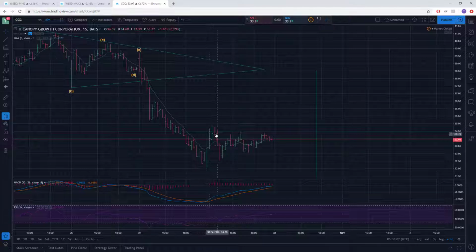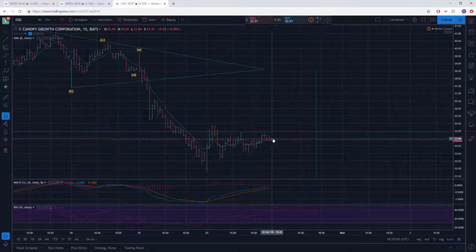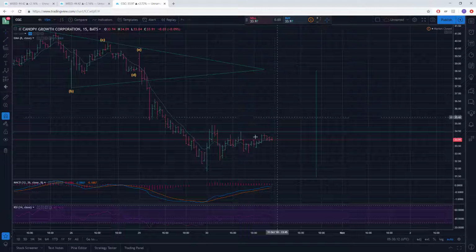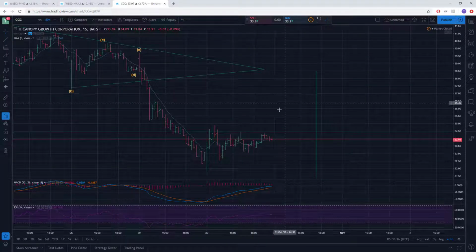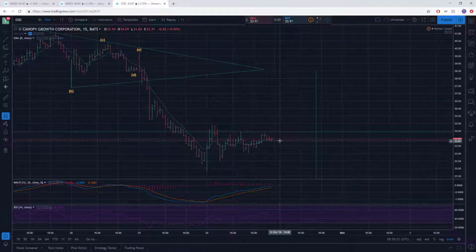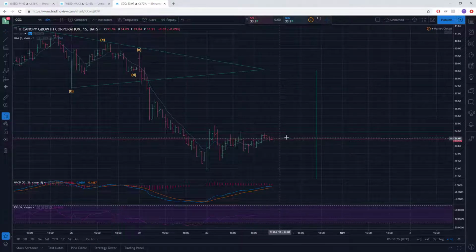I mean, this thing can move $3 in the first hour of trading sometimes, so I feel pretty comfortable that we're going to get a move more than $3, whether we break down or whether we break to the upside in the scenario of an A triangle, B, C up. Either scenario, I expect the straddle will easily get past the initial debit price before Friday.